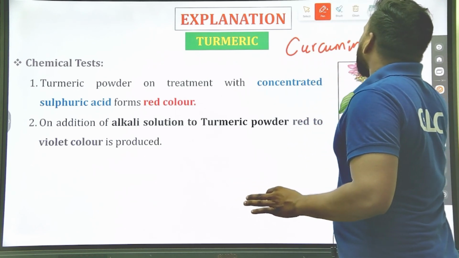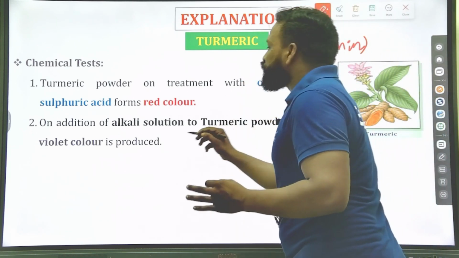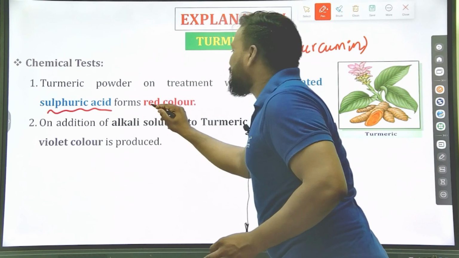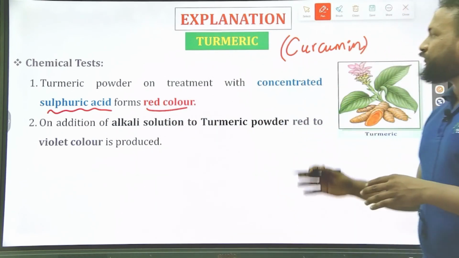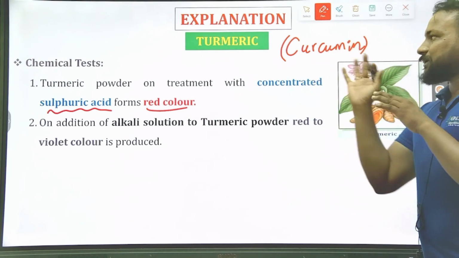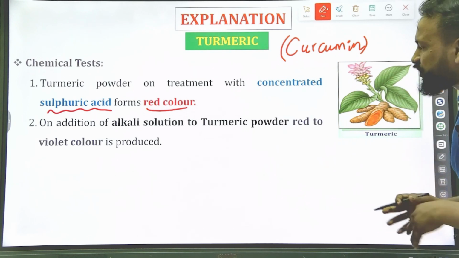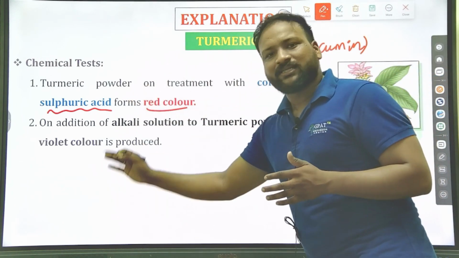So the turmeric upon addition of H2SO4 liberates the red color. That indicates the presence of curcumin, the active constituent present in turmeric. It comes under the classification of oleoresin.